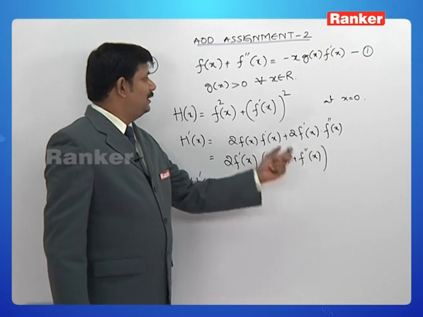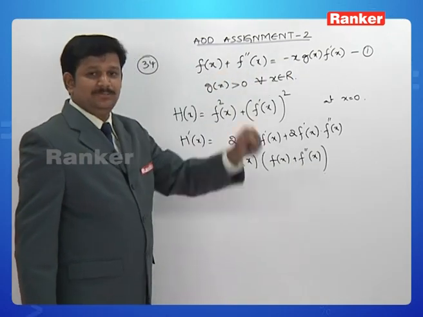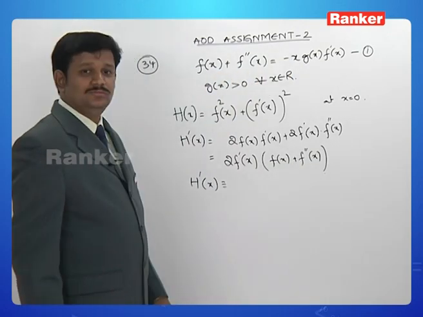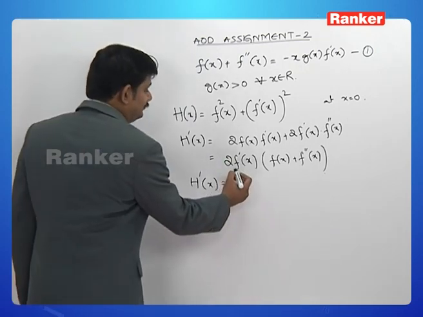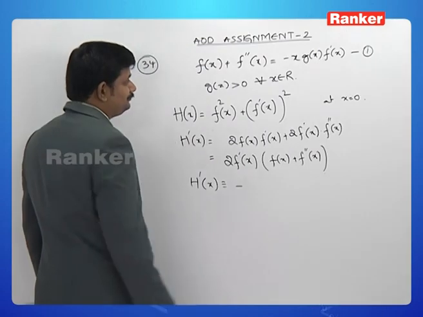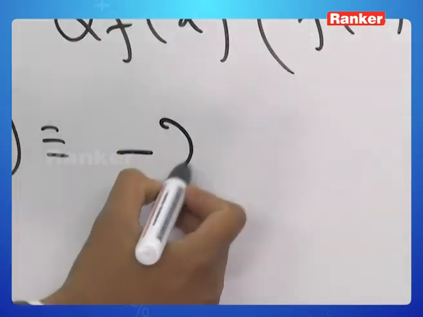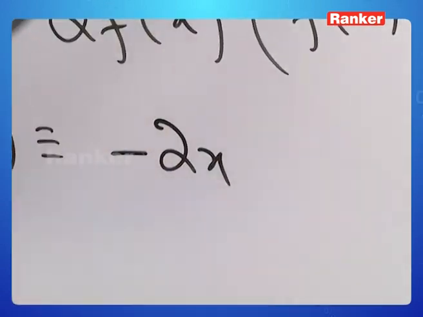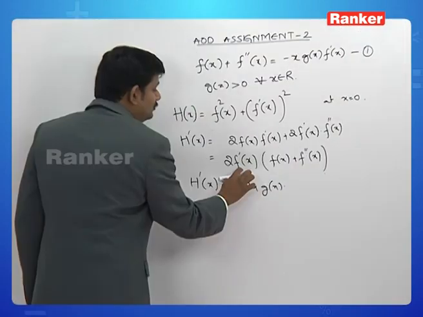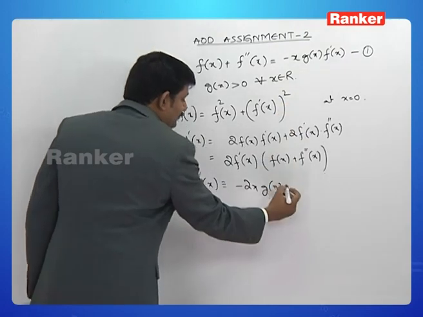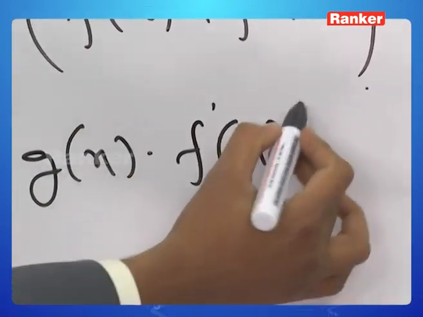f of x plus f double dash of x, we can replace it by minus x into g of x into f dash of x. So, this quantity will become minus 2 into x, g of x into f dash of x into f dash of x, f dash of x whole square.